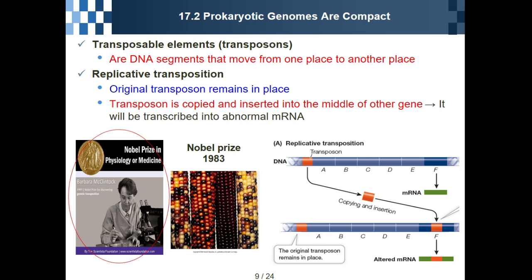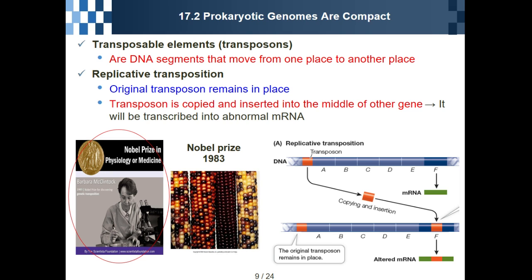One corn cob has lots of black kernels, but on the other cob, some are brown and some are black. Based on this information, she thought that maybe there is some element that can move like this. So this is the transposable element.